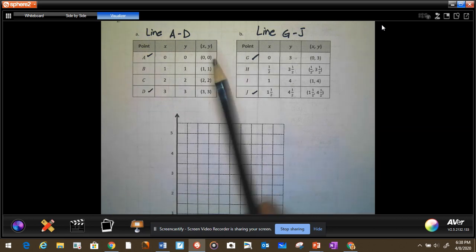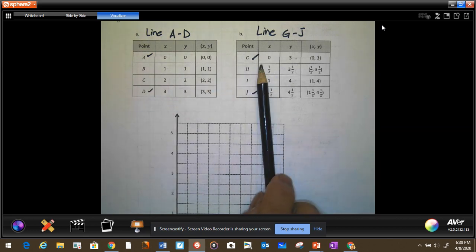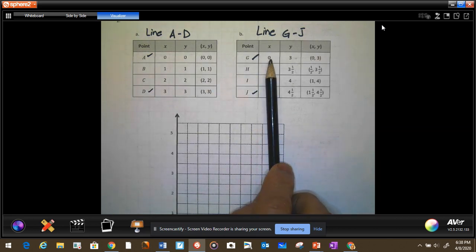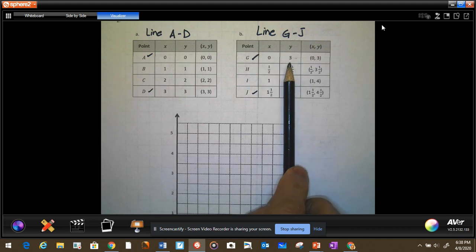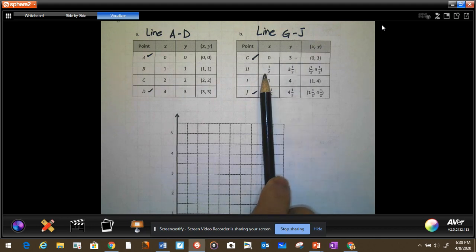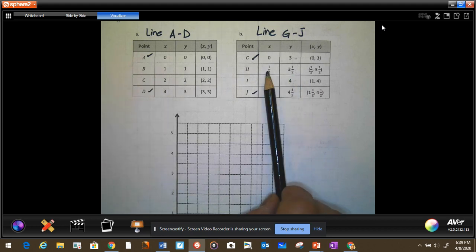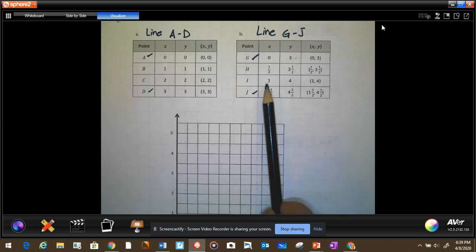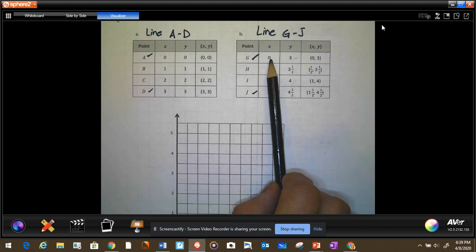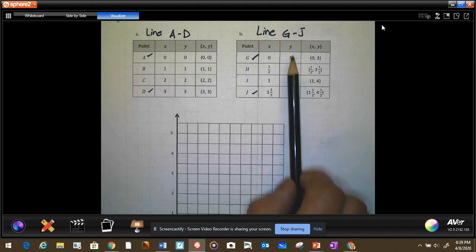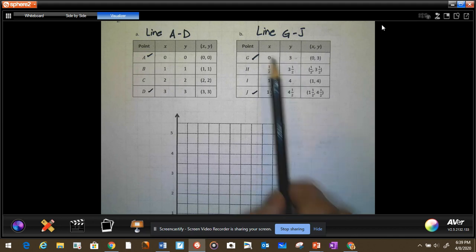Now let's compare x and y. When x is 0, y is 3. And when x is a half, y is 3 and 1 half. So y is 3 more than x. And up here too, when x is 0 and y is 3, y is 3 more than x.